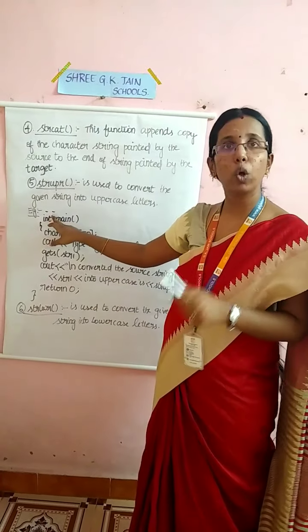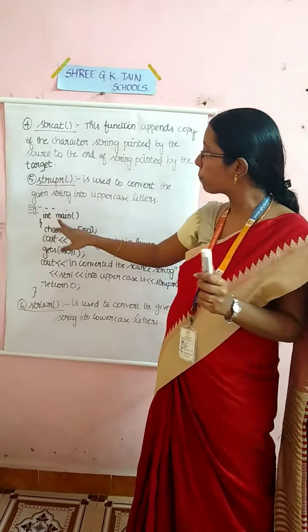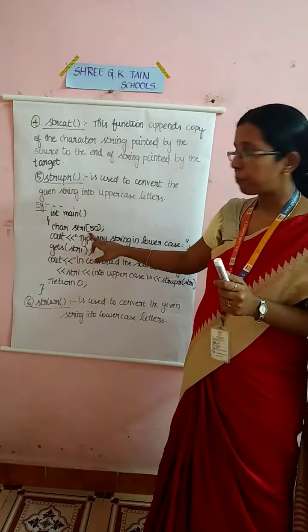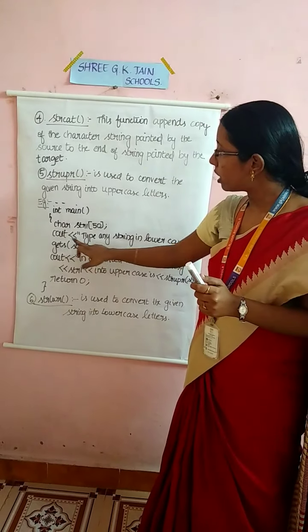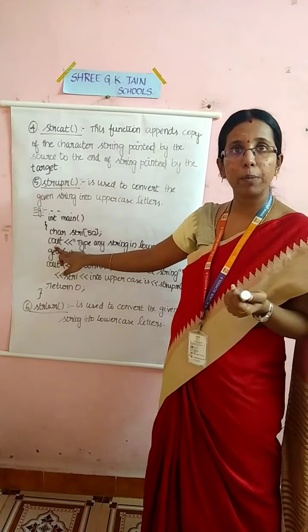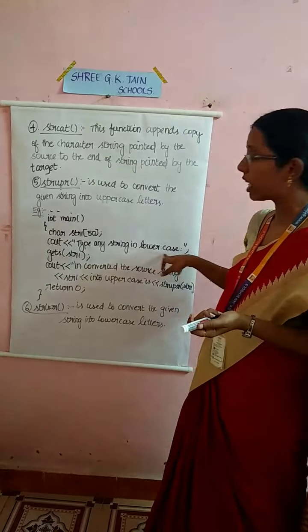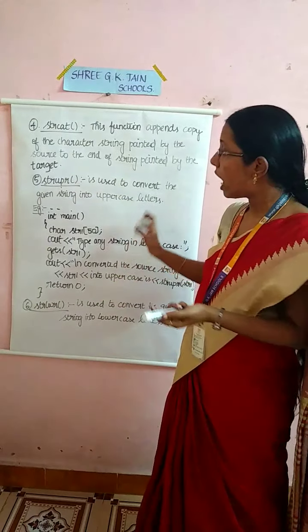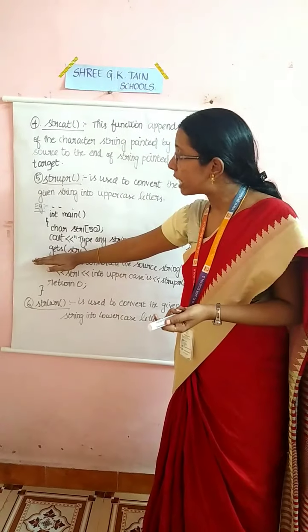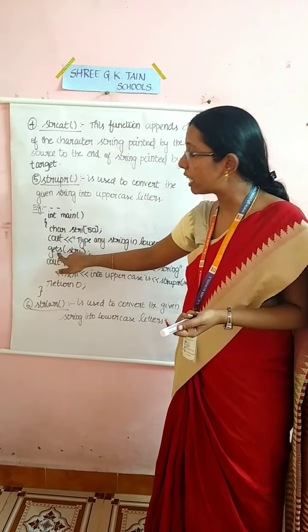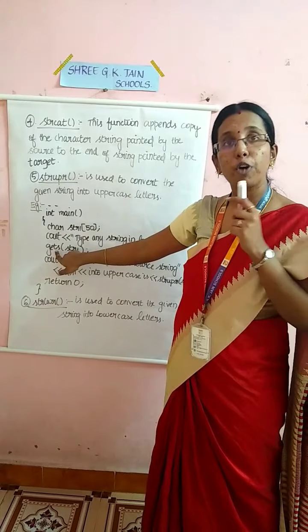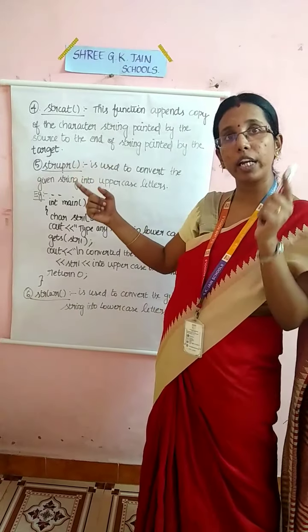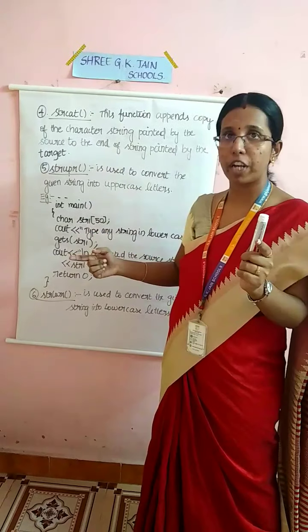You have to first include the header files you are using. Int main, here string 1 of 50. You give the output statement to the user, type any string in lowercase. We will give a string in lowercase and that string will be read by using the gets function. For using this gets function, you have to use stdio.h, as I already mentioned in the previous video.